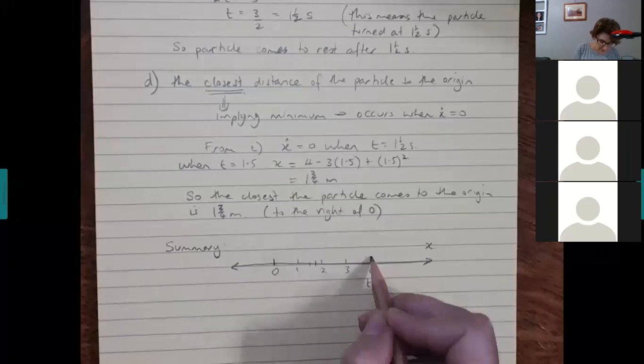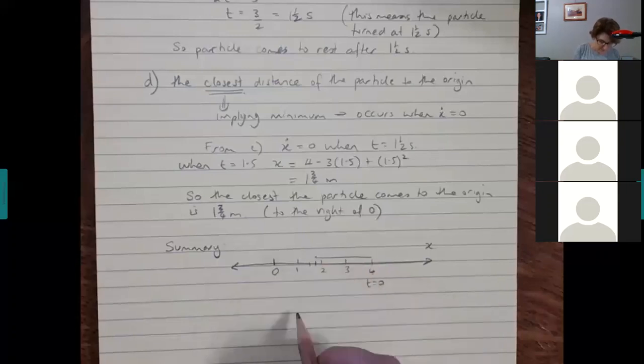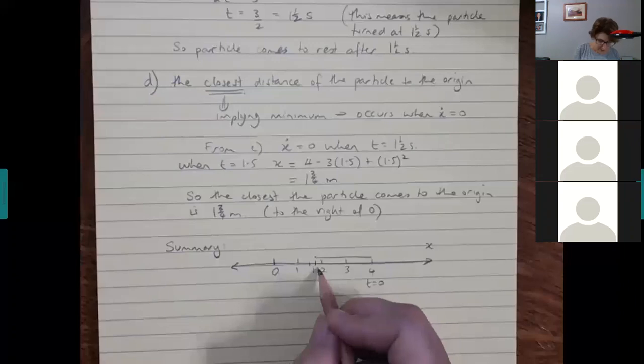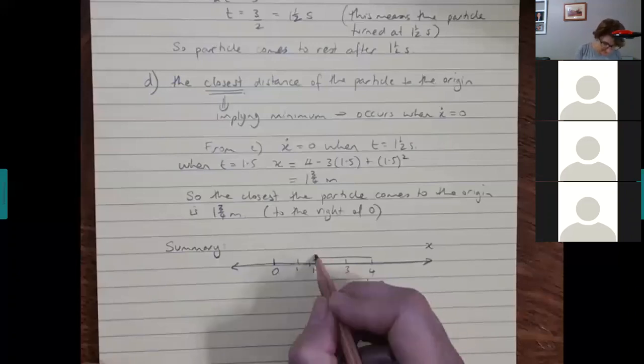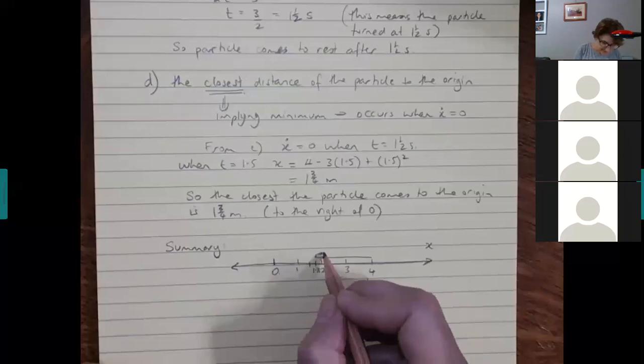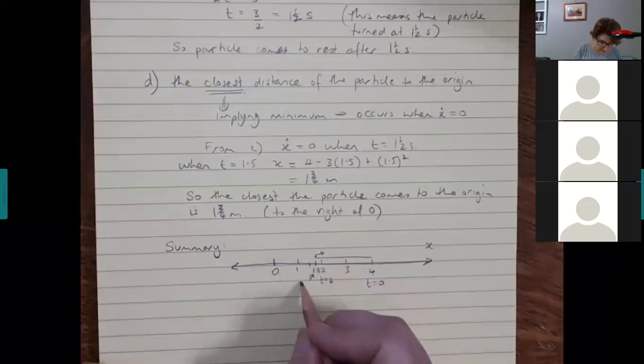So it got as close as 1 3/4, 1.75, turned at that point, and by 2 seconds was where? Back at 2, wasn't it? So it's heading that way, but at t equals 2, it was back there. And this one here, well, that's not very clear, was at t equals 1.5 seconds.